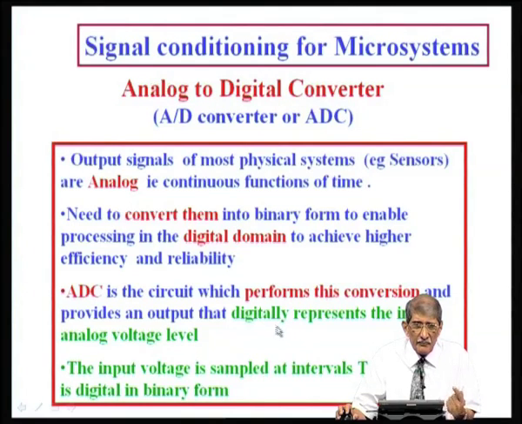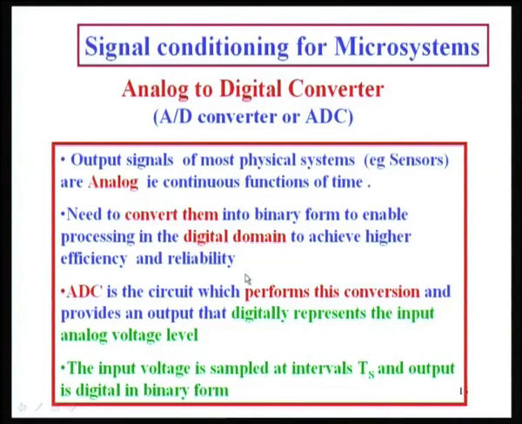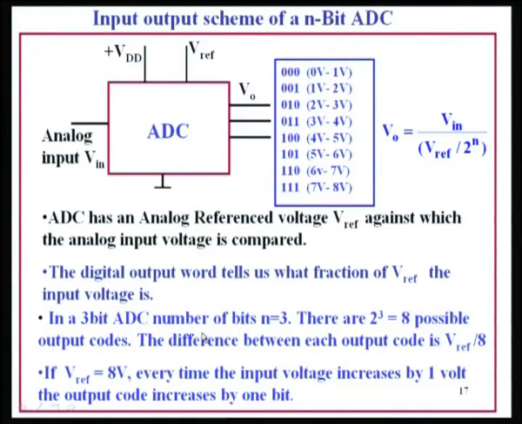For example, if there is a sine wave, you take that signal at T1 and convert it into digital form, then take it at T2 after interval Ts and convert that into digital form, and the entire output of the ADC is a sequence of binary numbers. So, this is the input output scheme of an n bit ADC.